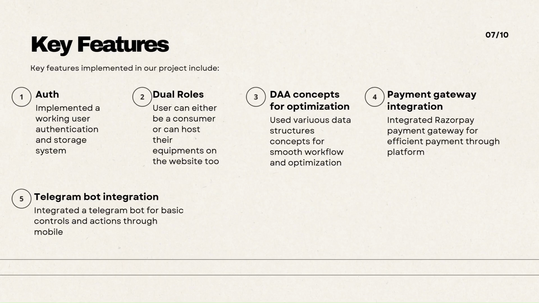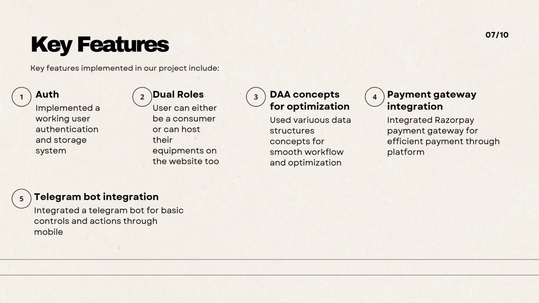Now, key elements implemented in the project include, first, authentication. We implemented a working user authentication and storage system. Like I already told you, we need authentication for credentials, and it also authenticates when users want to get user info or card info, and we use Supabase for storage of the entire system.